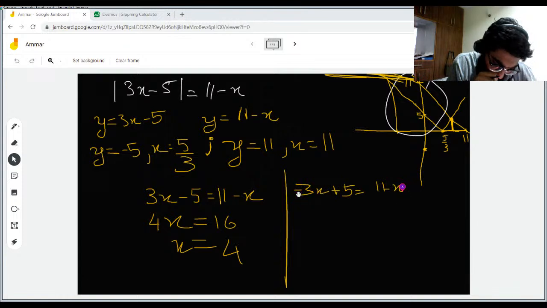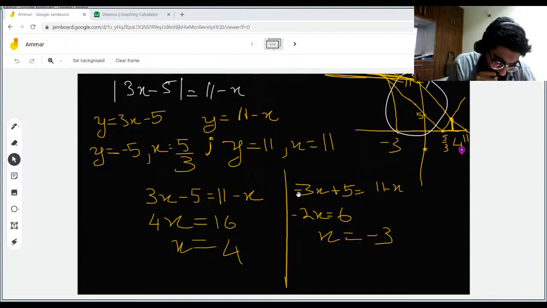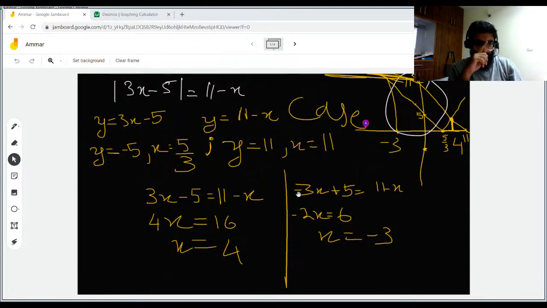It becomes minus 2x is equal to 11 minus 5, which is 6. And so x becomes minus 3. So this point is minus 3 and this point is 4. Case closed.